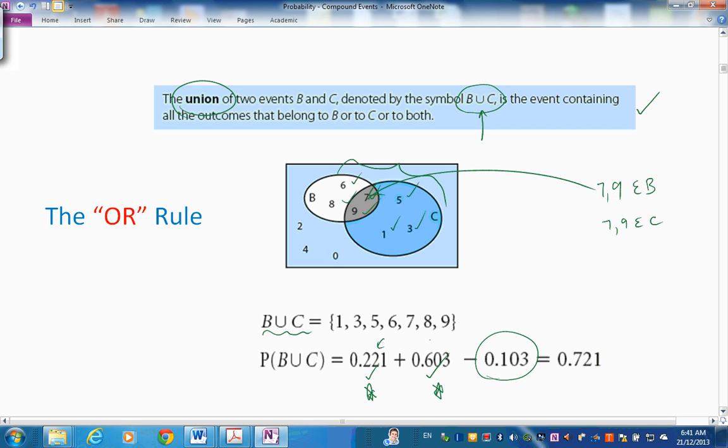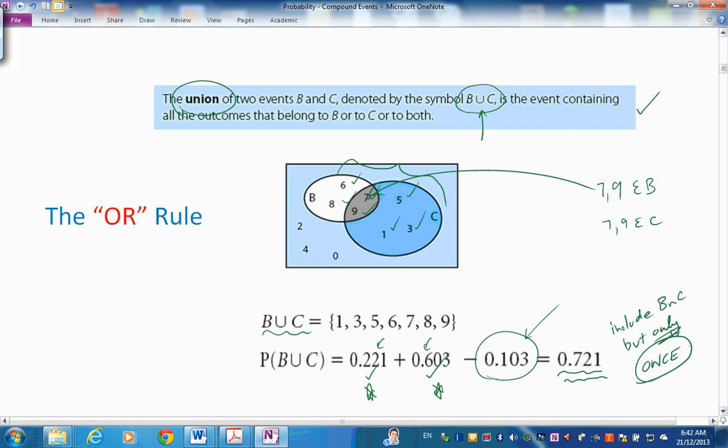It would be part of this number and part of this number, wouldn't it? So we've got to subtract 1 lot of it so we don't count it twice. Okay, we include the intersection B and C, but only once. Okay, we can't count it twice.